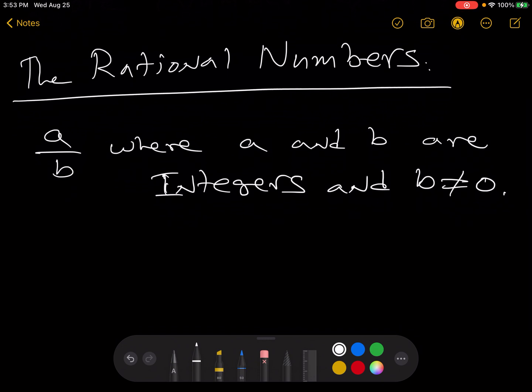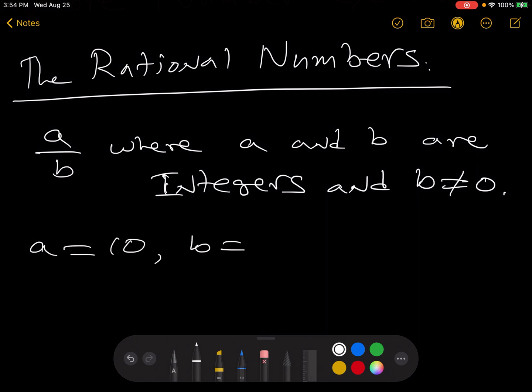So for example, let's say a equals 10, b equals 3, then a over b is 10/3. This is a rational number.